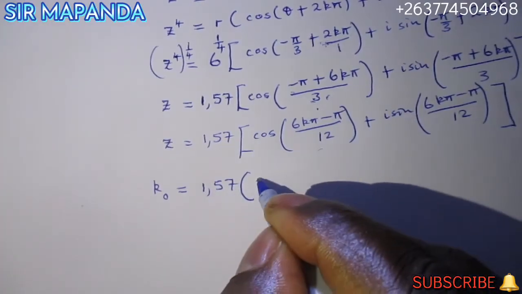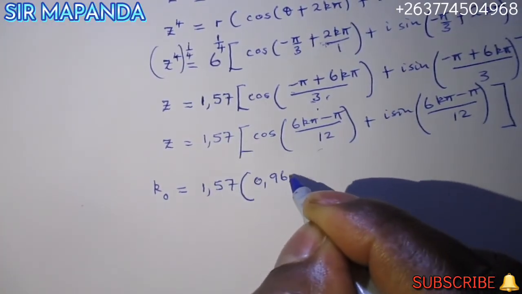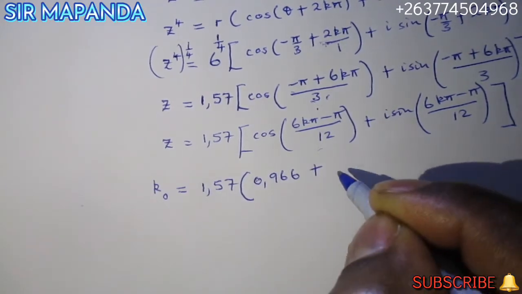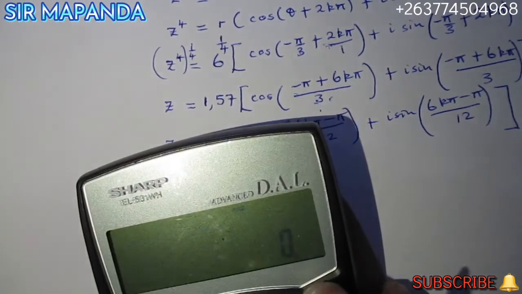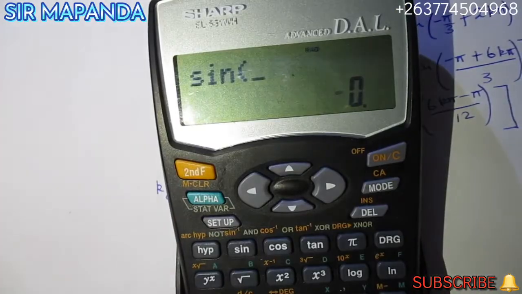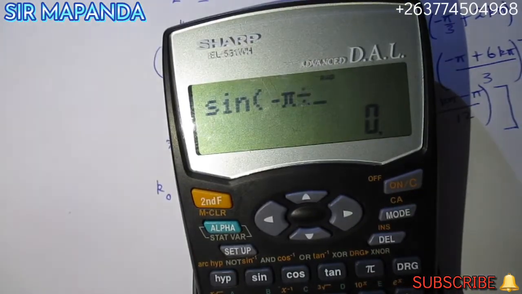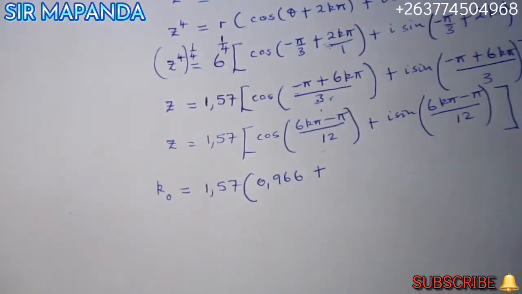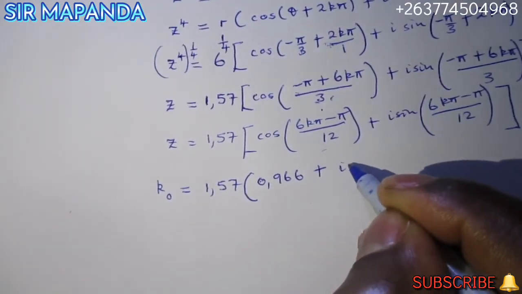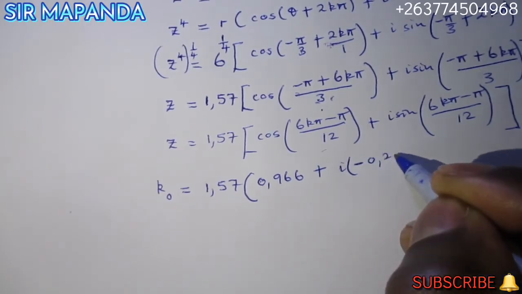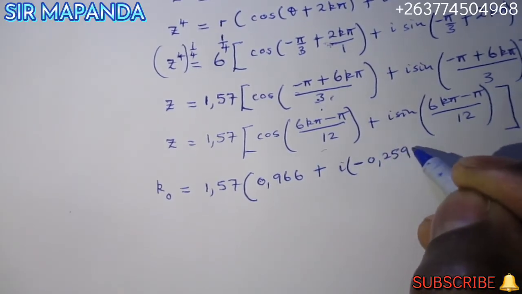So I'm going to write here 0,966, right, plus, right, what is sine, open bracket, minus pi divided by 12? You get minus 0,259, right, so plus i times minus 0,259, something like this.